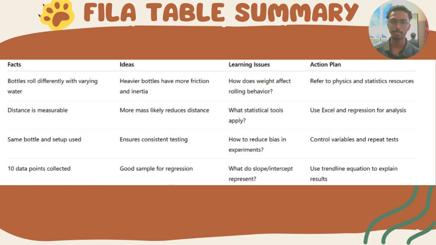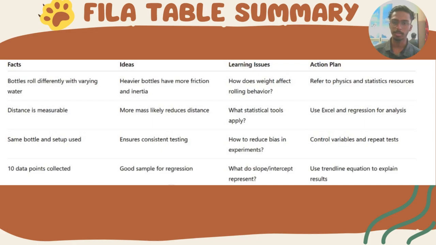However, along the way, we identified some learning issues such as how exactly weight affects the rolling behavior, which statistical tools are appropriate for analyzing our data, how to minimize the bias in our experiment, and what the slope and the intercept mean in the context of our regression analysis.